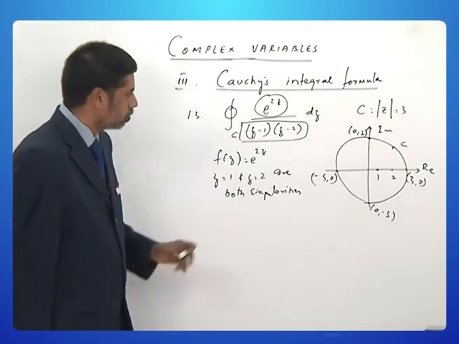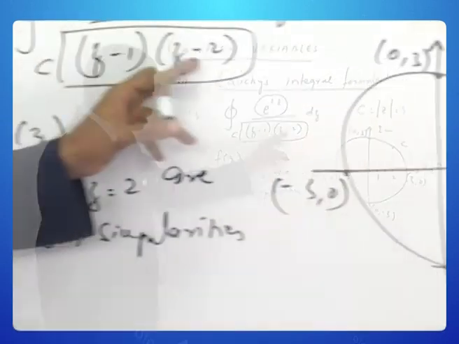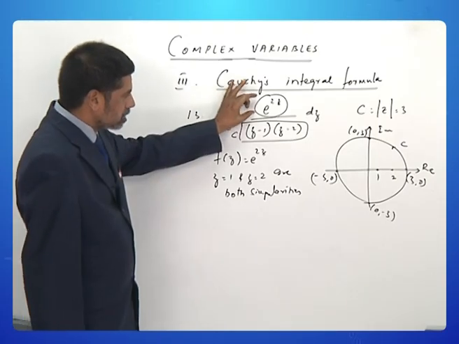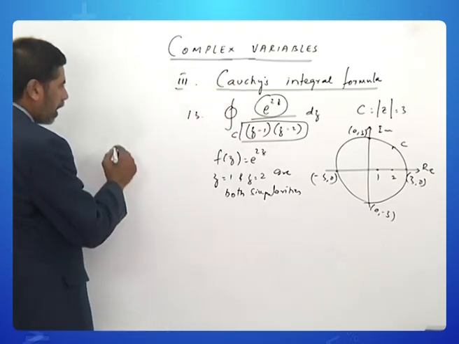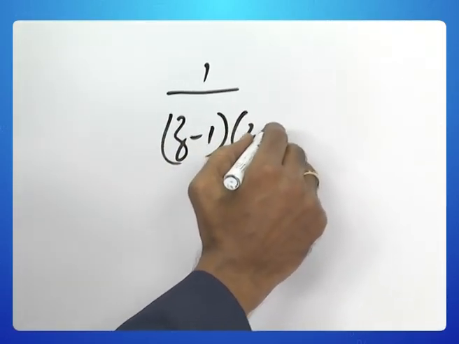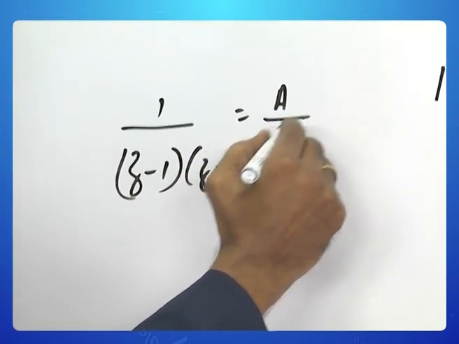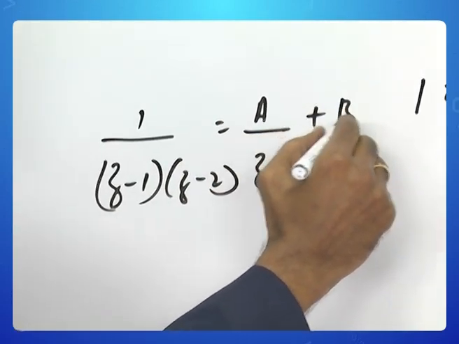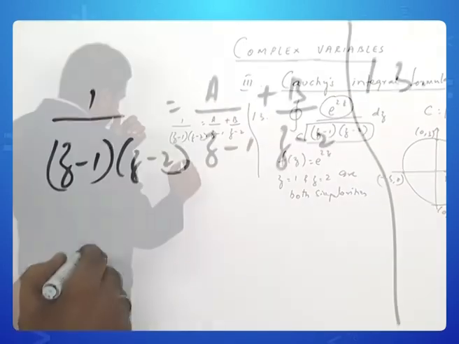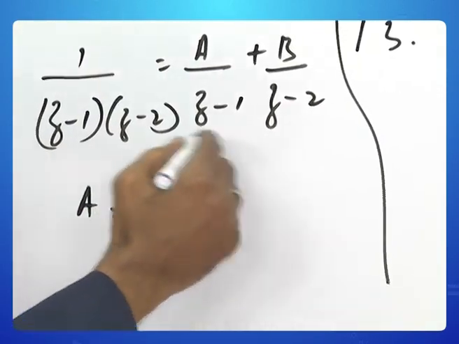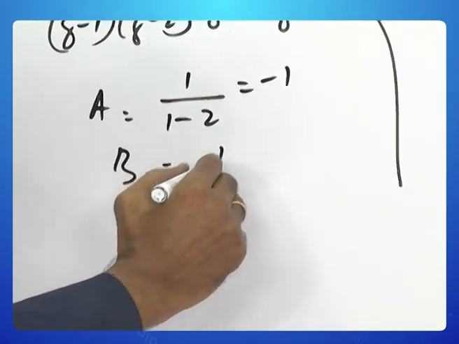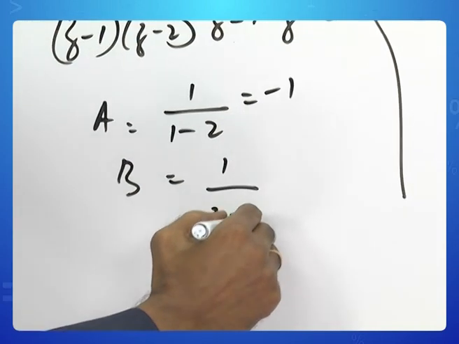How do you do it? Both the singularities are inside the contour. So what you do is, you keep aside e power 2z and you take 1 by (z minus 1) into (z minus 2) for partial fractions. So A is equal to 1 by (1 minus 2), which is minus 1, B is 1 by (2 minus 1), which is 1.